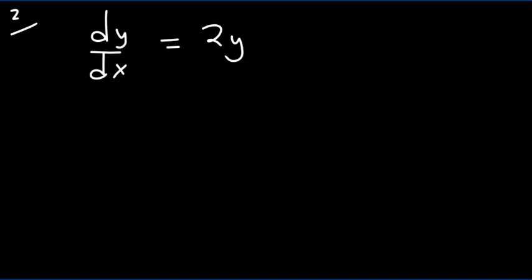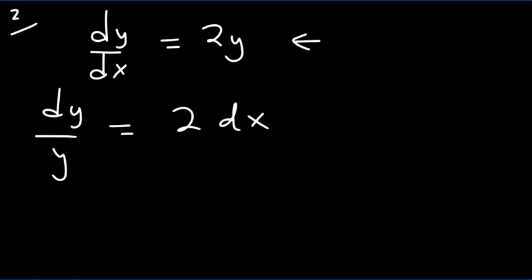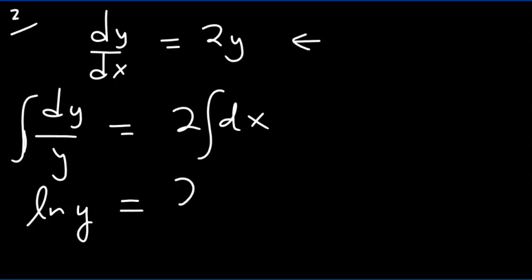What about this differential equation? Now we can rewrite this line in the following manner: dy over y equals 2 dx. Now integrating both sides, we get natural log of y for the left-hand side, and the right-hand side is just 2x plus an integration constant, let's call it c.